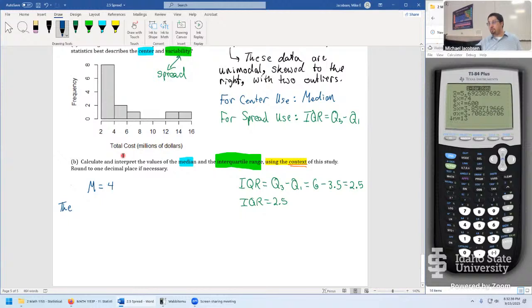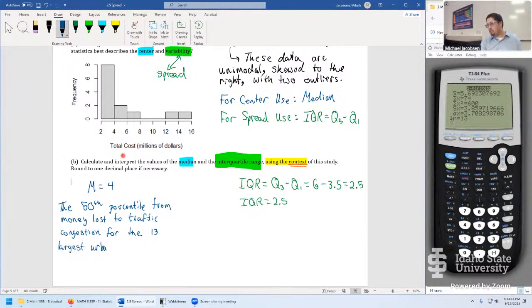But if you really want to interpret the values, I think a better word here would be the 50th percentile from money lost to traffic congestion for the 13 largest urban areas is $4 million.